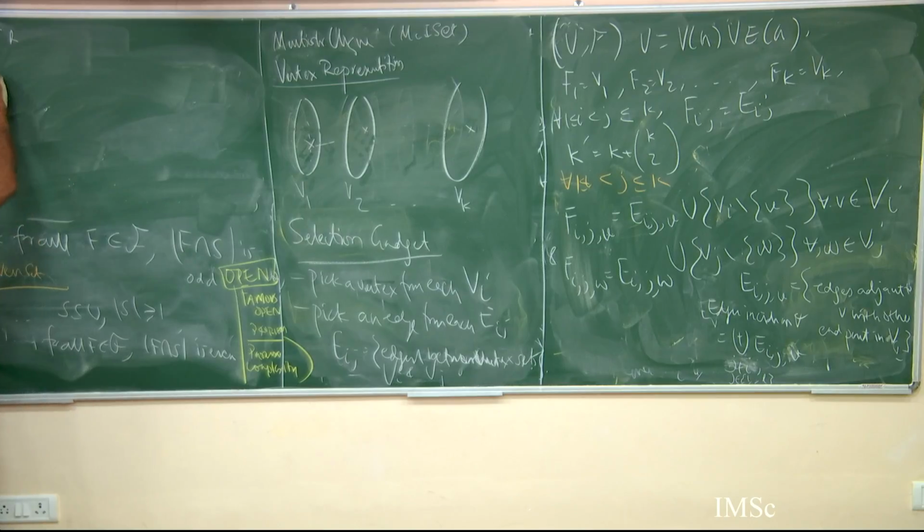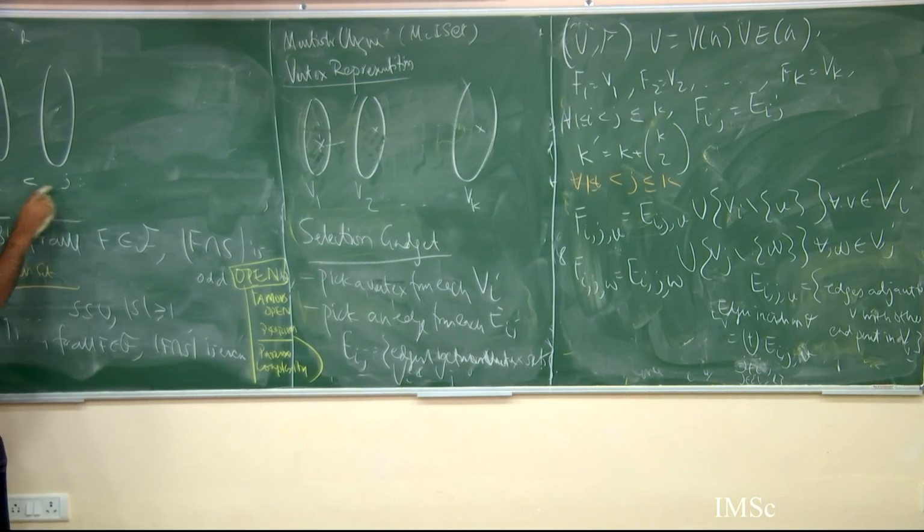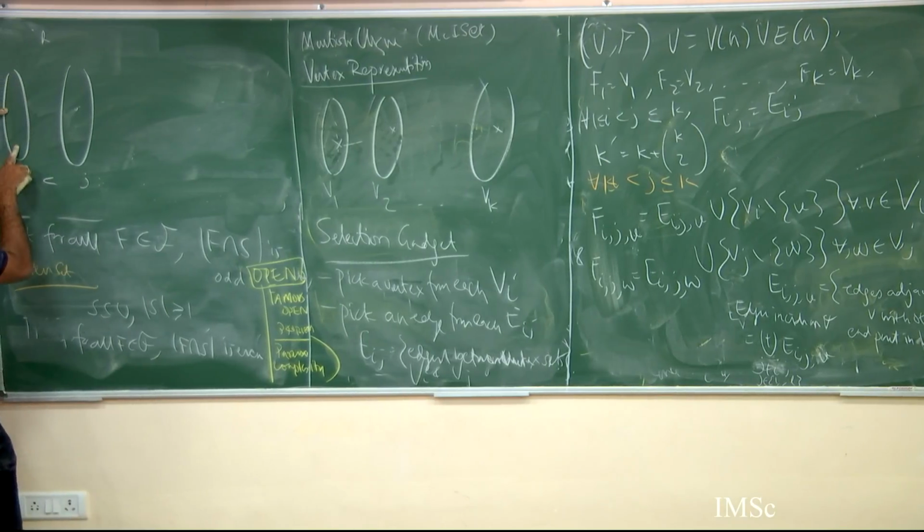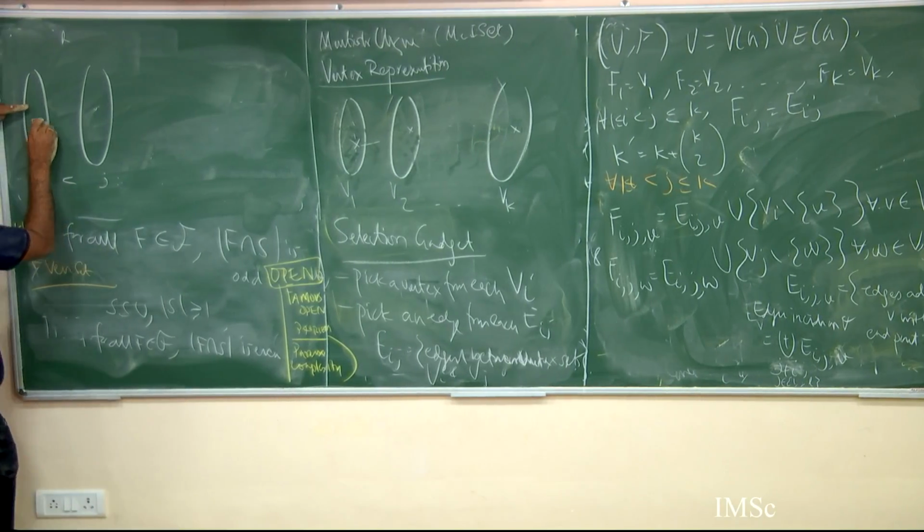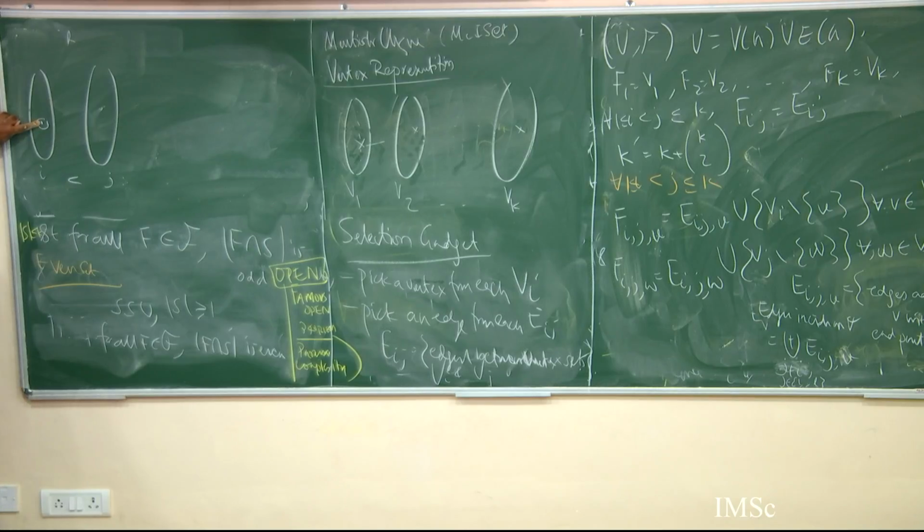So I fix color classes I and J, I less than J, and for every vertex here I define a set. What does that set consist of? Every vertex here but this vertex, and the edges incident to him. It consists of this and this.